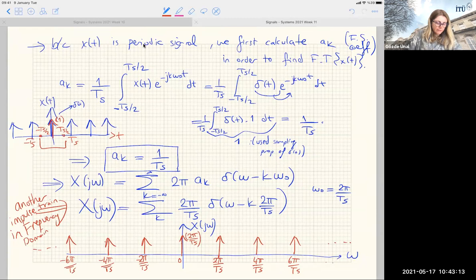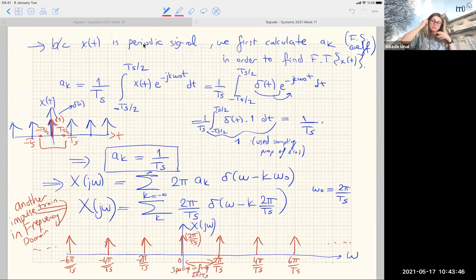I want to again ask you about this inverse relation between time and frequency at this point. Look at the time domain impulse train. The impulses were separated by Ts, right? Now, here in the frequency domain, the impulses are separated by 2 pi over Ts.